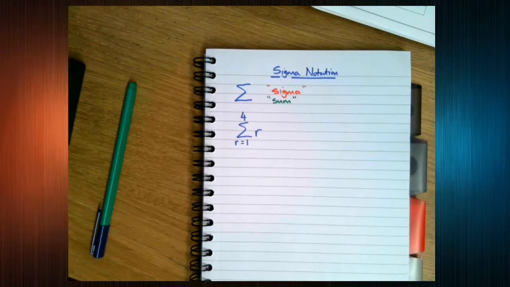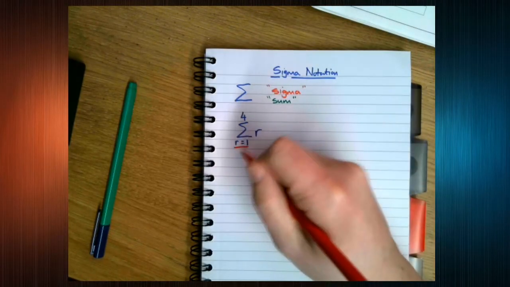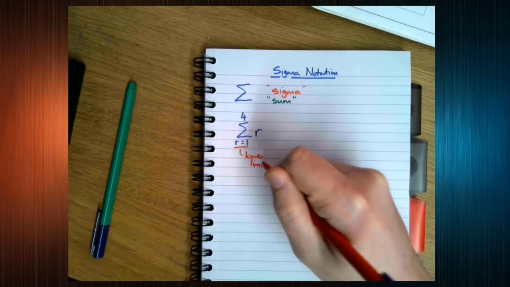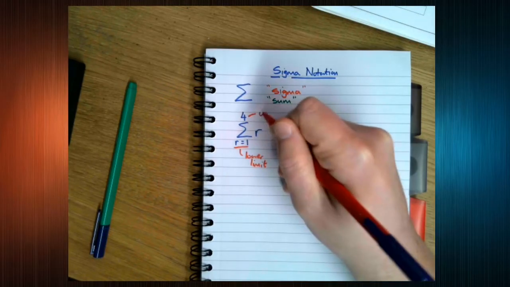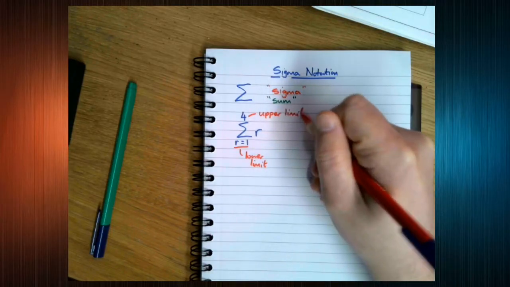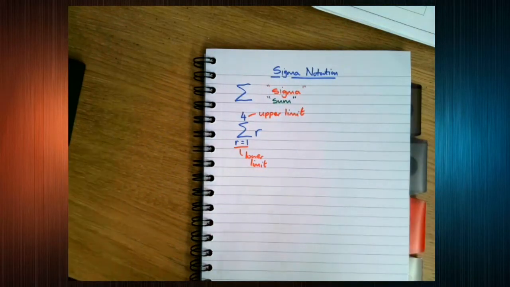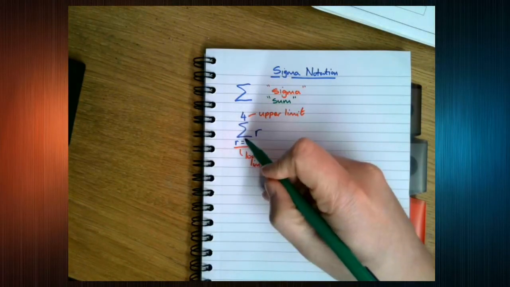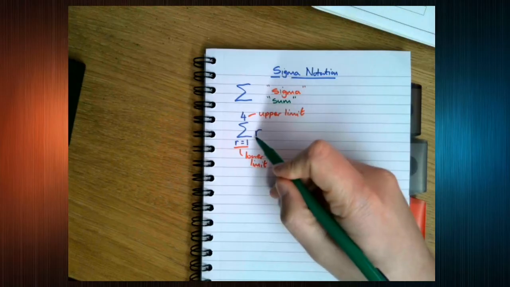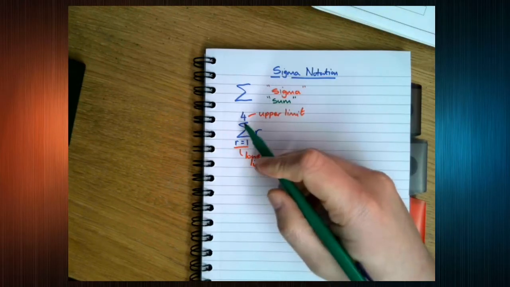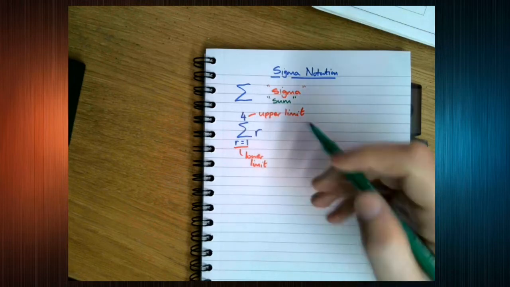So this is the lower limit, and this is the upper limit. What this tells us is we're going to add together this formula when r is 1, when r is 2, when r is 3, and when r is 4.